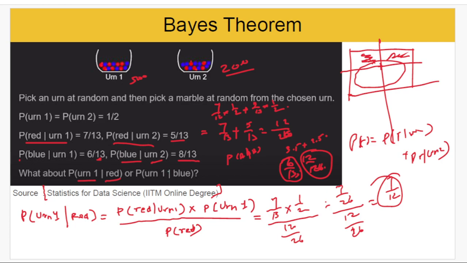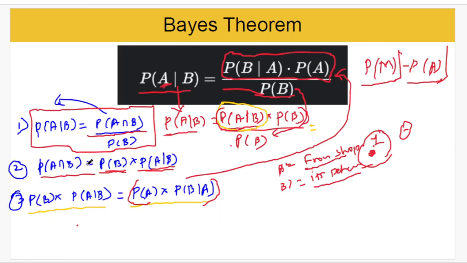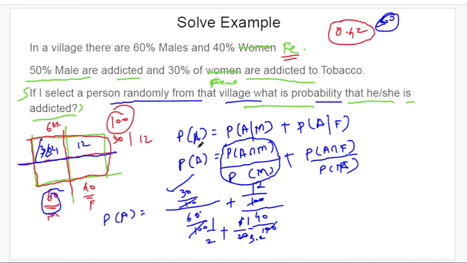Yes, ask. According to this, one example we solved, the addiction example, that question, that also will change. Yes. So that time you were right, isn't it? It will come. That's why it was not coming. Yes, you were correct. It should come 0.42 here, isn't it?